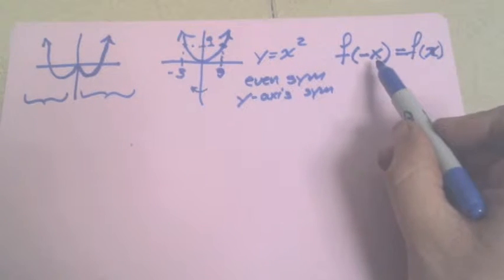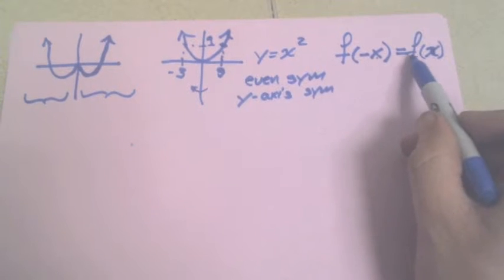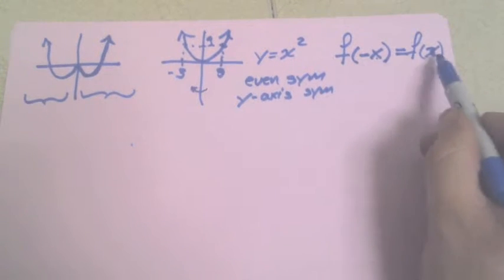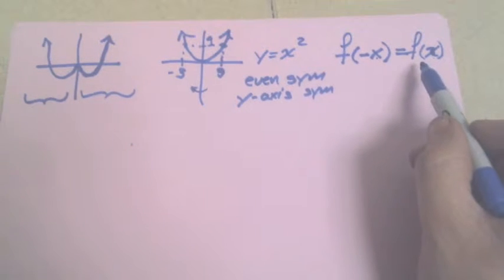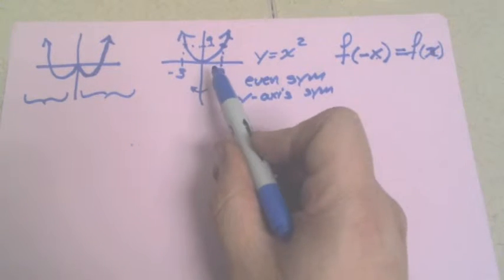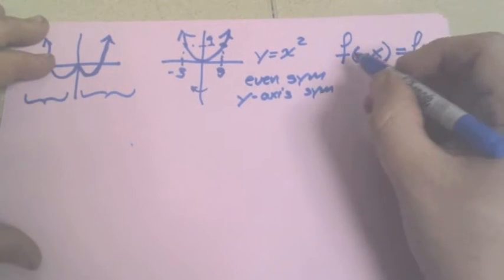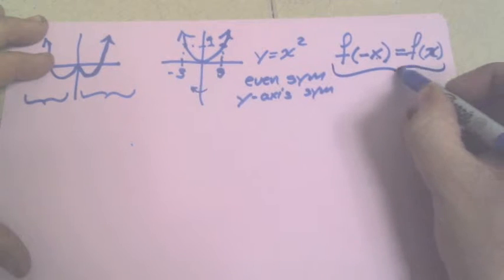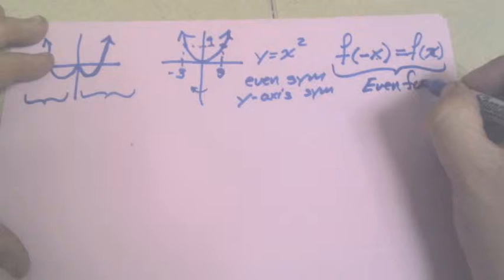If x happens to be -8, then f of the negative of -8, so f of 8, would be equal to f of -8. Don't always assume those x's are positive. But if you change the sign, it doesn't change the value of the output, just like x squared. So this is really our definition of an even function.